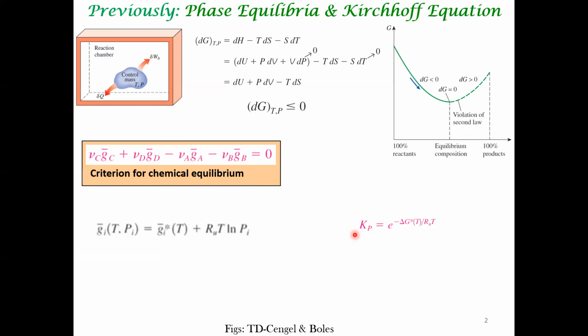And this can be expressed in terms of the free energy changes involved in the reaction, under some standard condition. So this, of course, changes with T, and this provides the basis for the Le Chatelier principle that you've seen from high school. So we derived how Kp changes as a function of temperature, and we derived the Van 't Hoff equation.